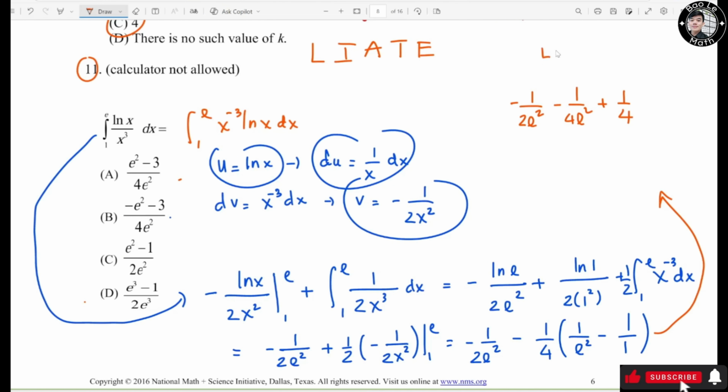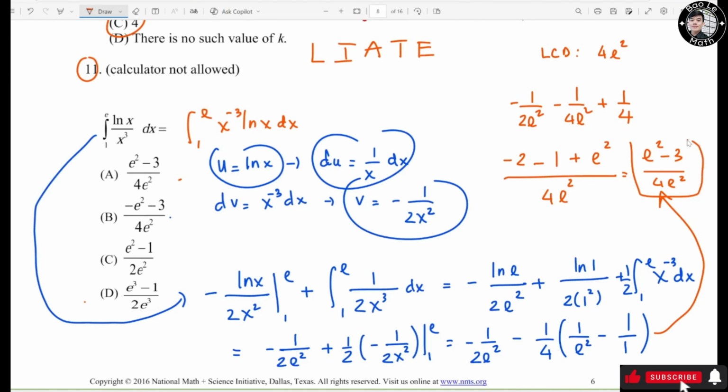Now the LCD is 4e squared, right? So I have 4e squared. The top should be negative 2 minus 1 plus e squared. So it could be e squared minus 3 over 4e squared. This one is the final answer. The answer must be B.